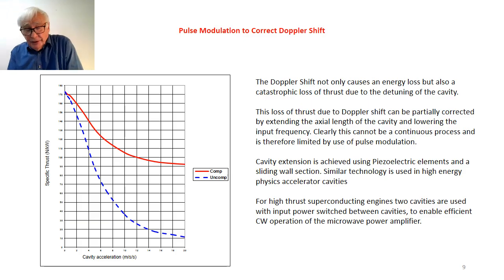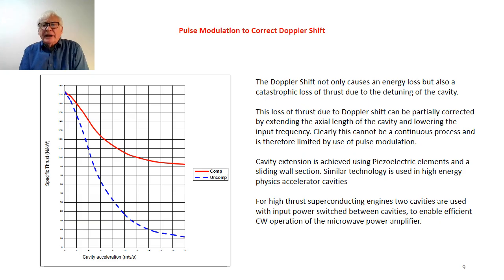Piezoelectric elements are commonly used in high energy physics accelerator cavities. This is the ones that have a cavity extension simply because of the very high forces that are applied to both ends of the symmetrical cavity.